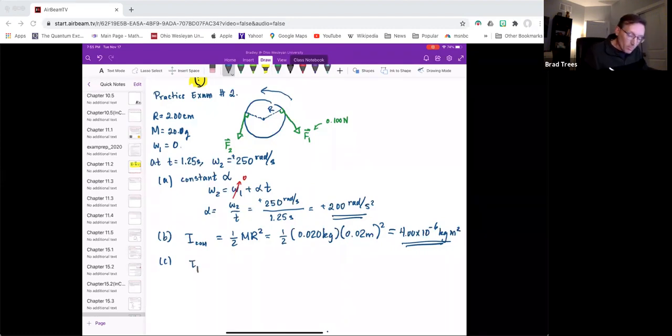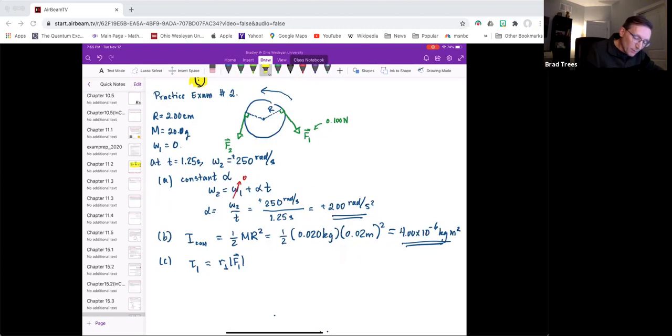Okay, I'm going to use magnitude of force times what we call the moment arm, and I need to get a direction. Remember with rotation in chapter 10, anything counterclockwise is positive and anything clockwise is negative. So a torque that would cause counterclockwise rotation is positive, and a torque that would cause clockwise rotation is negative.